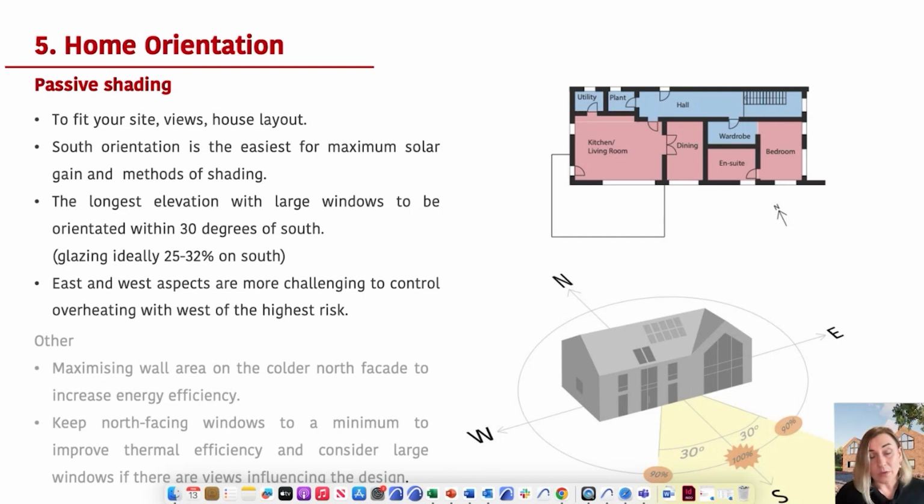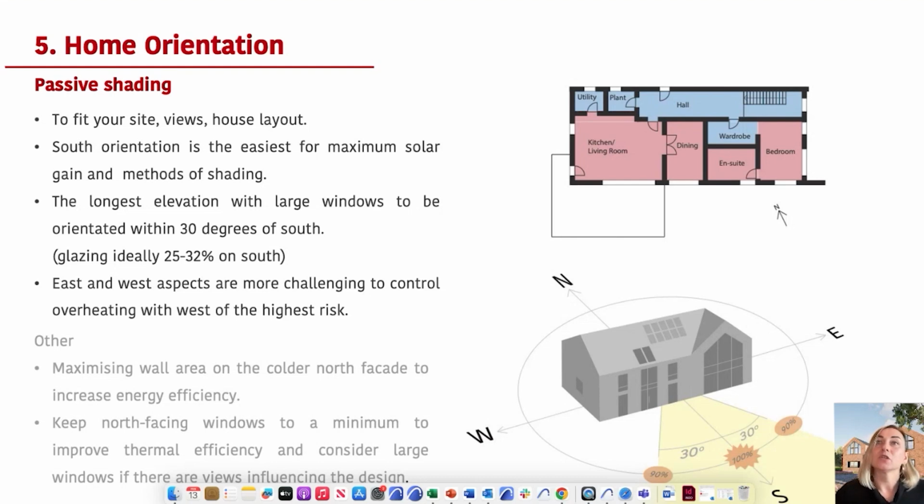If this is not possible, as can happen, because not all plots will have that ideal scenario where you can put the longest elevation on the south, you can give consideration to the east and west aspects, which are slightly more challenging to control overheating, due to the sun's position in the sky, particularly on the west, which features late afternoon light.